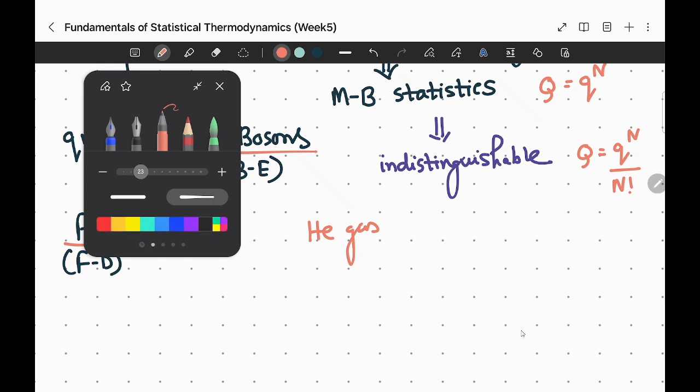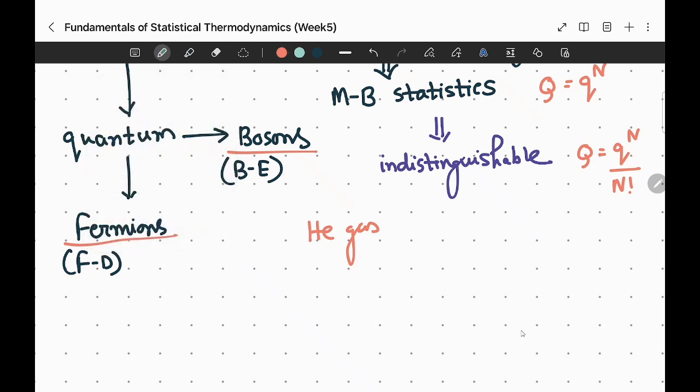Yes, this may seem contradictory, because I said the reverse first, that classical particles are always distinguishable. But in the case of helium gas or similar gases, what happens? There is a huge number of molecules, and they are not fixed. They are moving. They are gas. So in that condition, you can't keep the trajectory.